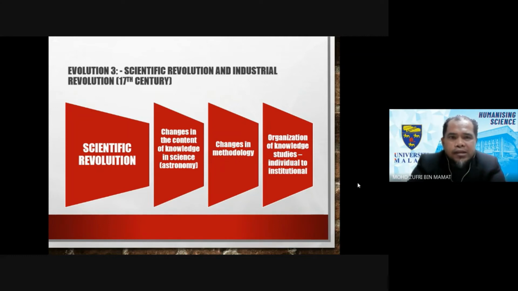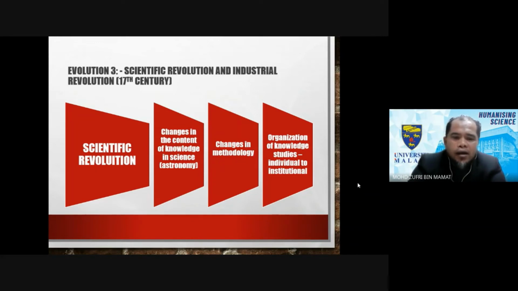So evolution three, the scientific revolution and industrial revolution, which occurred during the 17th century. Science changed as it entered the era of the scientific revolution and industrial revolution. During the scientific revolution, several big events happened in science.